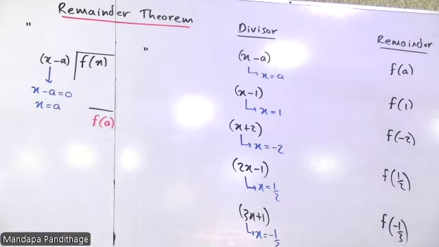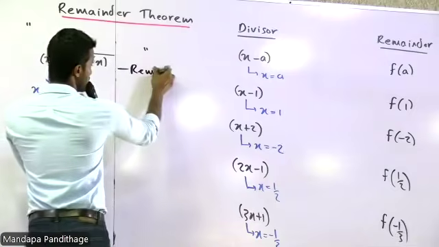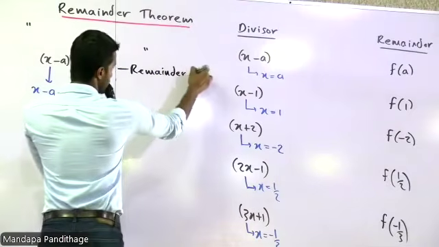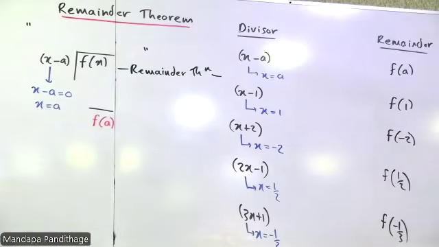Write the remainder in red pen. Okay, close the quoted commas, and then put a dash and write it's the remainder theorem.